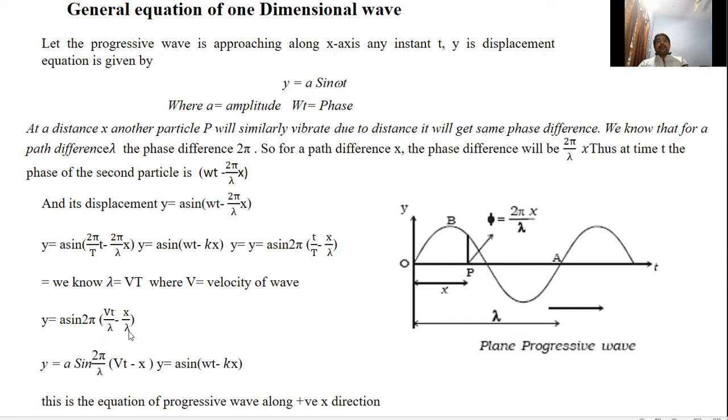If we take λ common, then y = a sin (2π/λ)(vt − x), or y = a sin(ωt − kx). So these are the different forms of the progressive wave that travels along the positive x direction. Thank you.